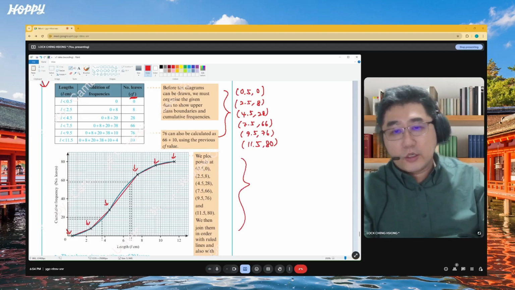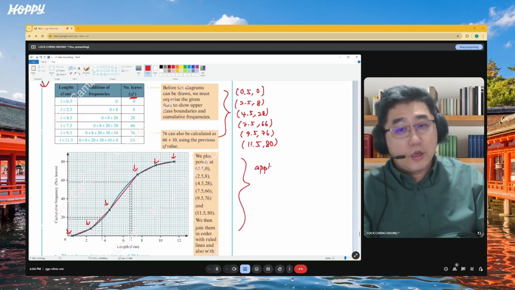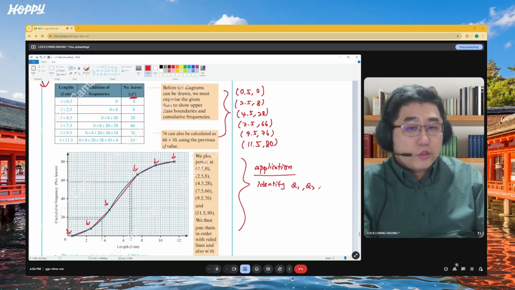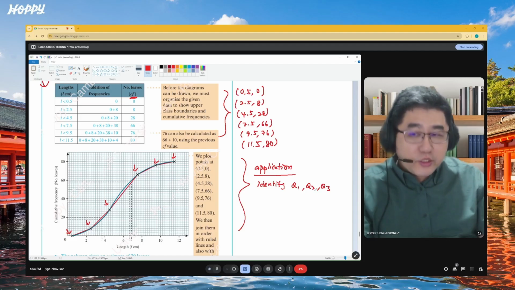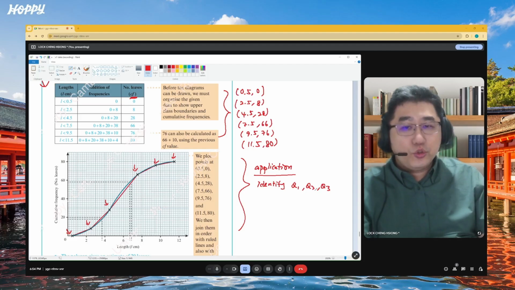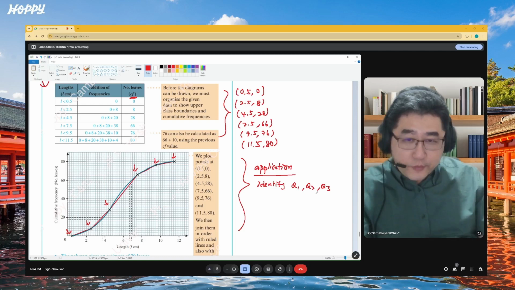So one of the applications will be to identify Q1, Q2, Q3. That means other than using the formula method to identify Q1, Q2, Q3, the question can also ask you to use the cumulative frequency curve to identify Q1, Q2, Q3.